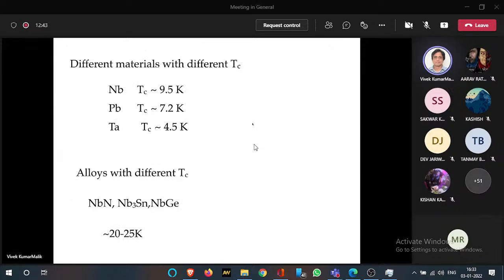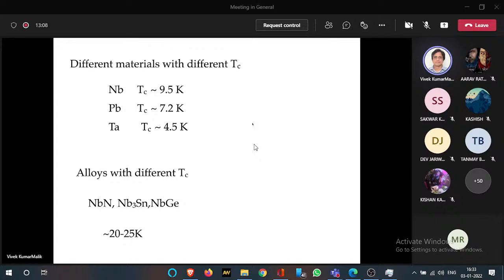Different materials, as we discussed, different elements. Most of the elements become superconducting at ambient conditions, that means ambient pressure. Usually the TC is very low, and some of the alloys have a higher critical temperature, in the range of 20 to 25 Kelvin.